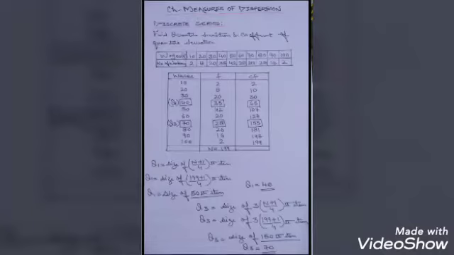We'll start with quartile 1, for which the formula is size of (n plus 1) upon 4th item. So for Q1, n we have already calculated as 199. So 199 plus 1 upon 4th item, and 199 plus 1 comes to 200. If you divide 200 by 4, you get the 50th item.